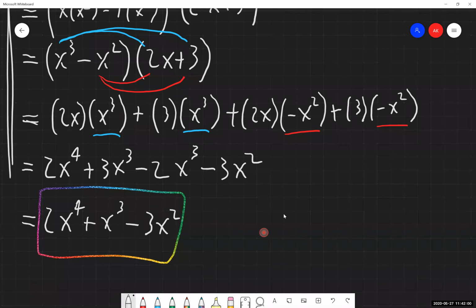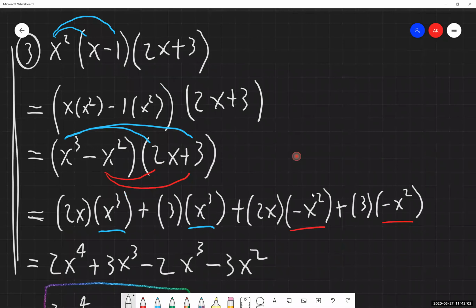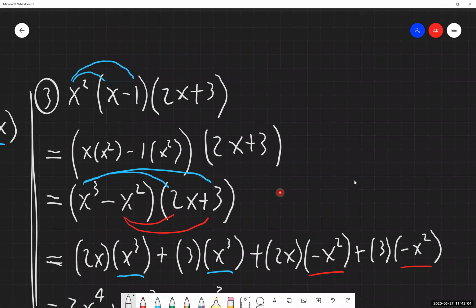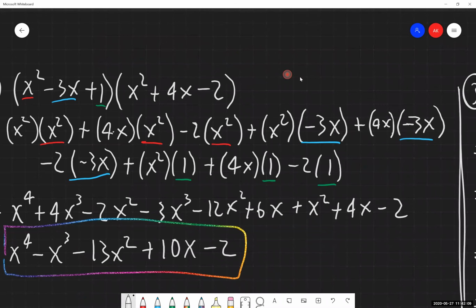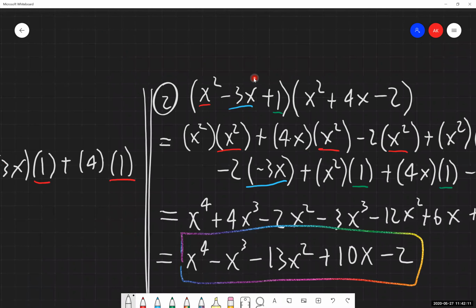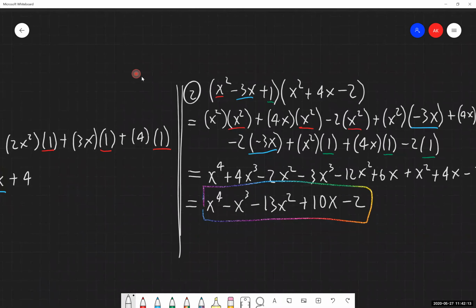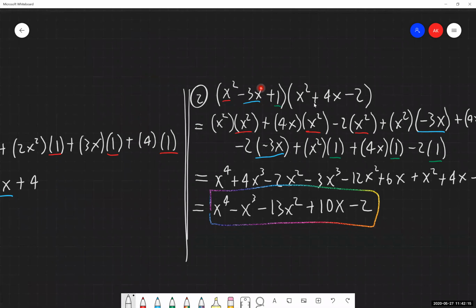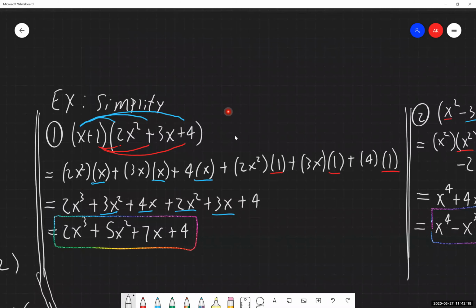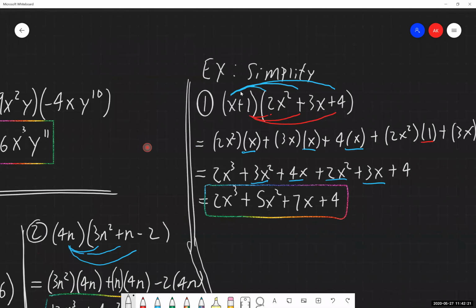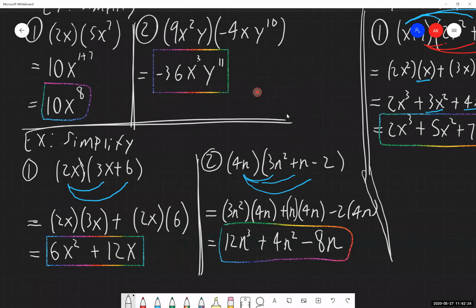So again, the big takeaway I want to emphasize with these: up until now, we only had 2 things multiplying together like we did here. I'll zoom this out a little bit, that might make it easier to see. We only had 2 things multiplying together here, only had 2 things here, only had 2 things with all of these other ones.